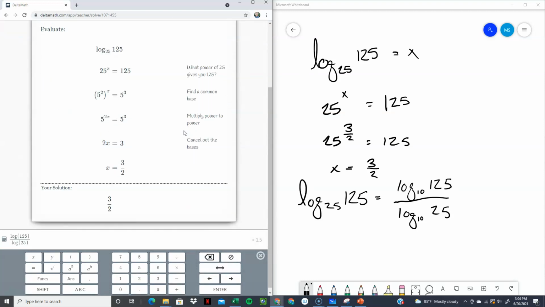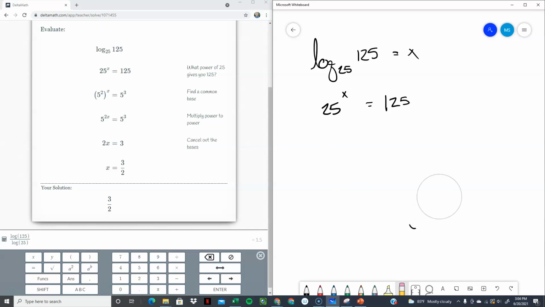Okay. The way they show this, actually, which is another way to approach this, which I didn't think about, but is a good method here. What they do, from this step here, is they rewrite the 25 and the 125 with a common base. So instead of 25, they write it as 5 squared to the x, or 5 to the 2x power.